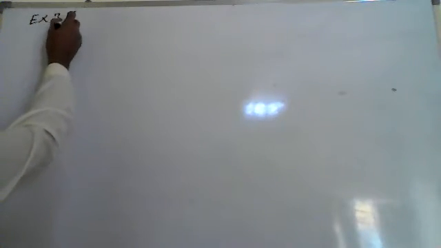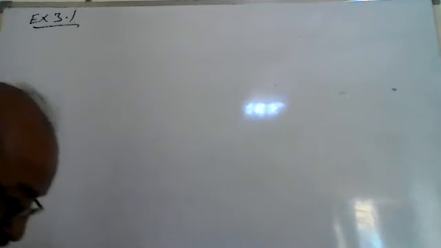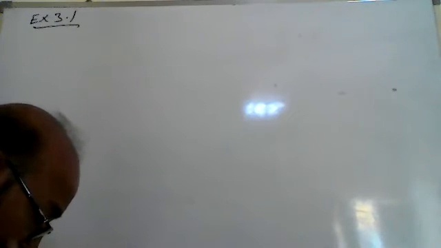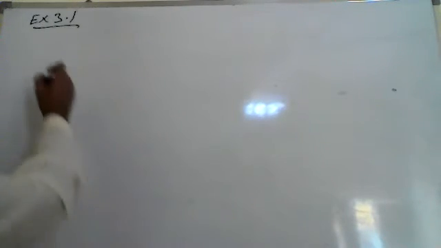Exercise 3.1. Use the definition to calculate the derivative of the function in exercises 1 to 6. Then find the value of the derivative as specified. Question number 1, f of x is given as 4 minus x square.